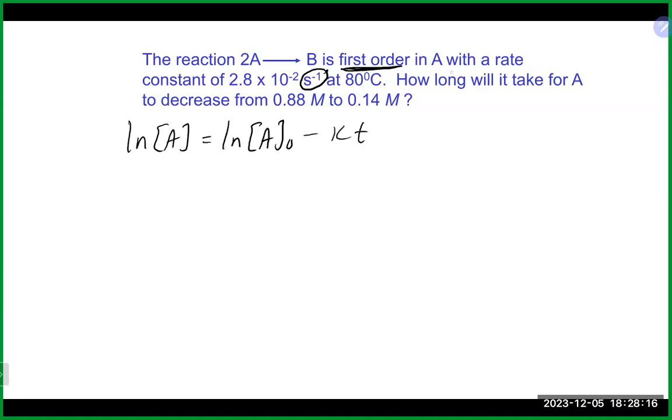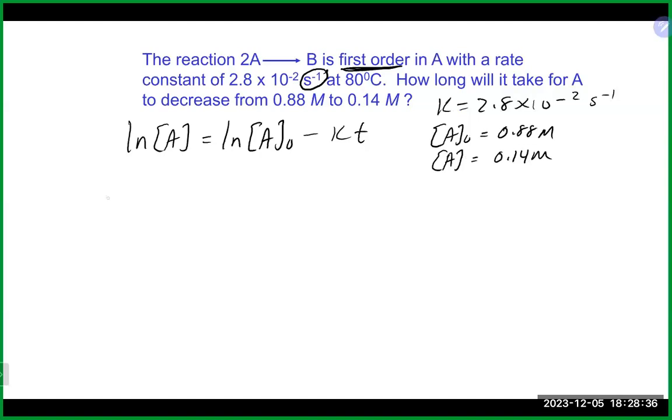In this case, we do have our rate constant of 2.8 times 10 to the minus 2 reciprocal seconds. We have our initial concentration here of 0.88 molar. We have our final concentration here of 0.14 molar.